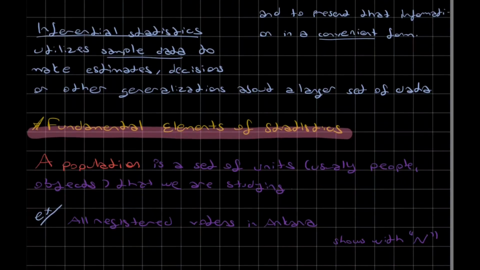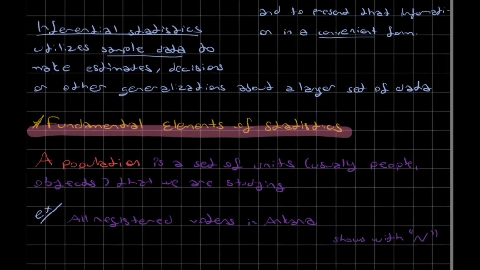This topic, the fundamental elements of statistics, is really important to know, very important. You have to understand what a population is, what a sample is, and what a measurement is. You have to learn them well, because in other lessons we will be using samples, so the meaning is very important.